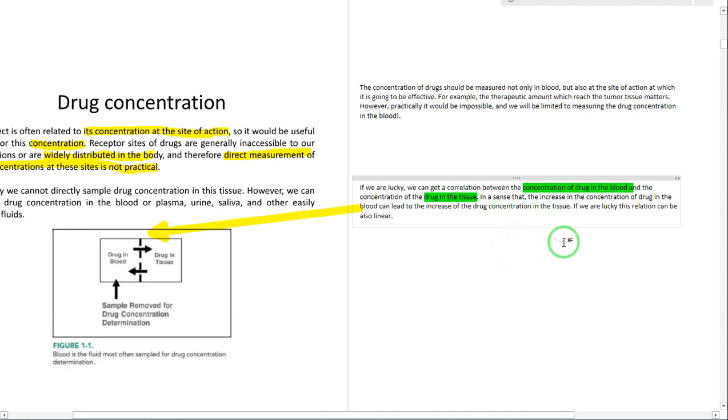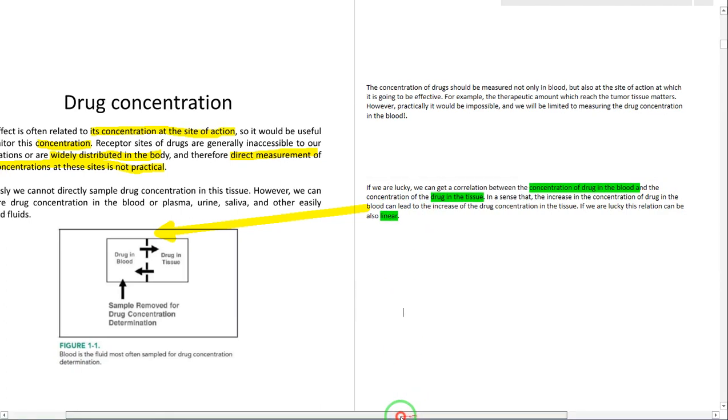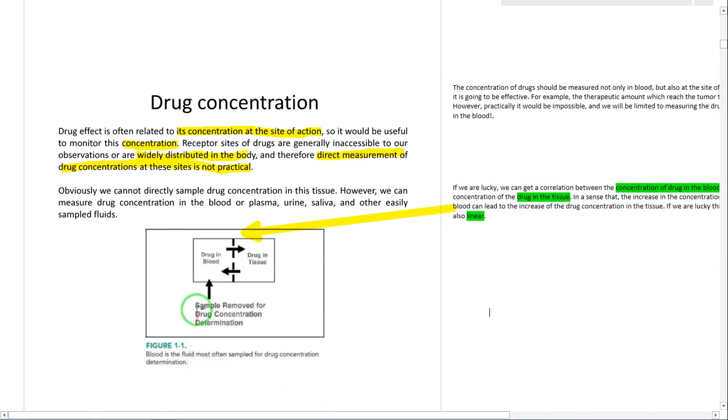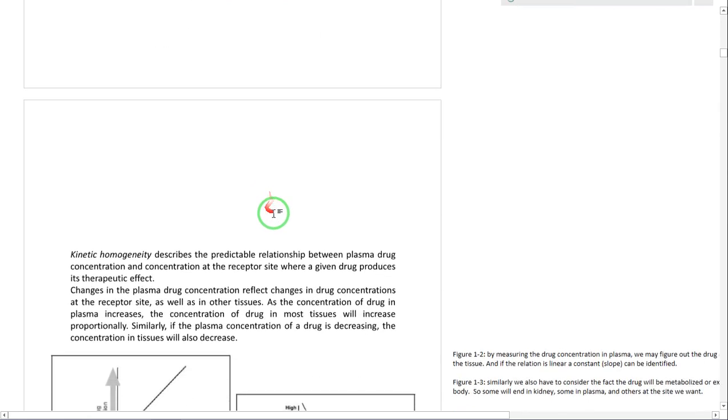So we want to find a sort of correlation between the amount of drug that we have administered and the amount of drug that is accumulated at the target site. And if we are lucky, this relation is going to be linear. So you see here that this is the amount of drug which is administered within the blood, and here we see the amount of drug within the tissue.